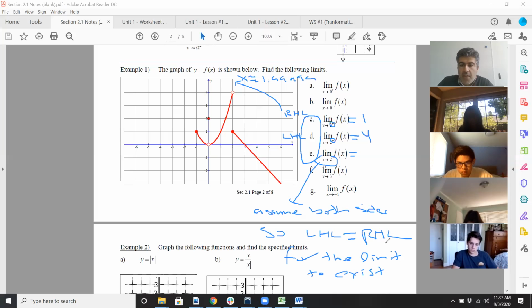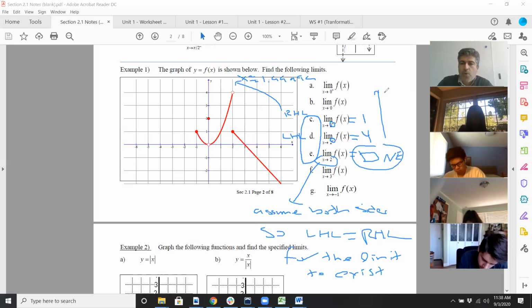Well, did the left-hand limit, which is 4, equal the right-hand limit, which is 1? No. So we say DNE for D and E, which is shorthand for does not exist.